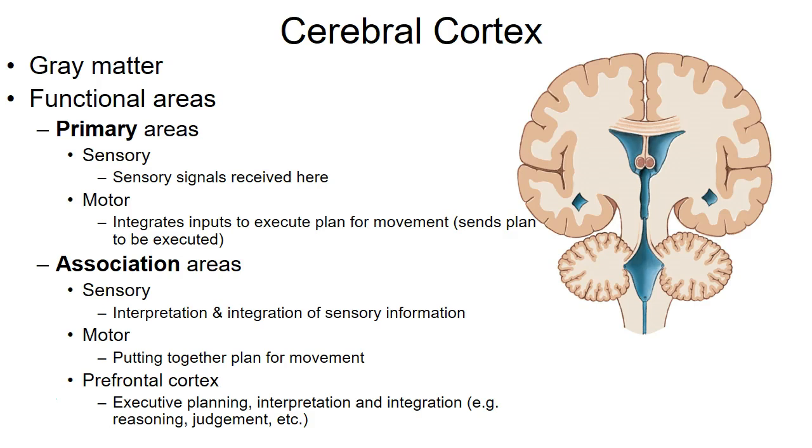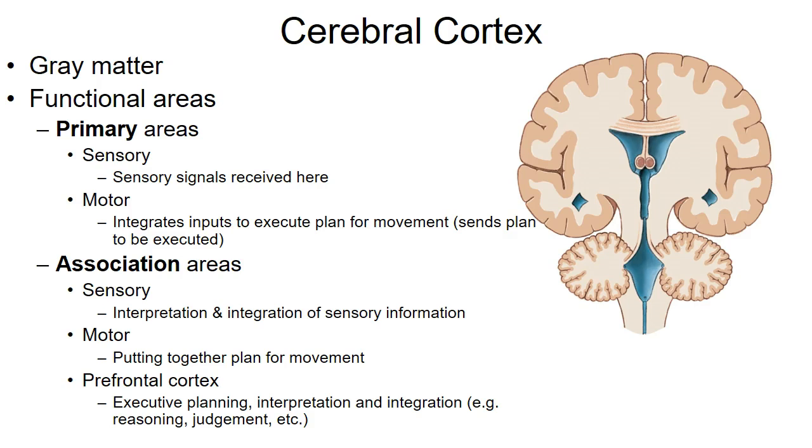Remember the words identifying and interpreting with respect to sensory information; that's always happening with association areas. Now, if you want to respond to some sensory information, the choreography or the planning for the movement happens in the association area of the motor, so the motor association area.